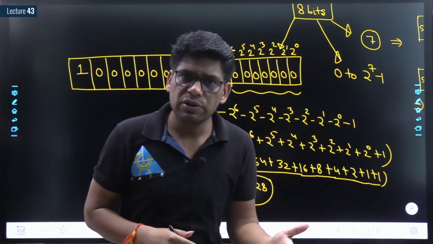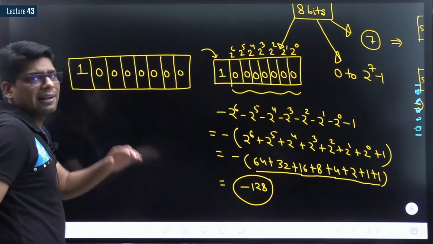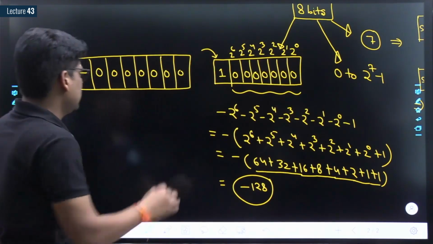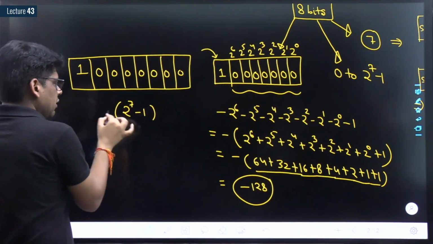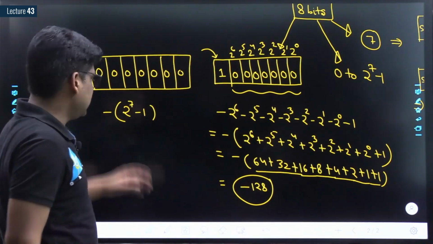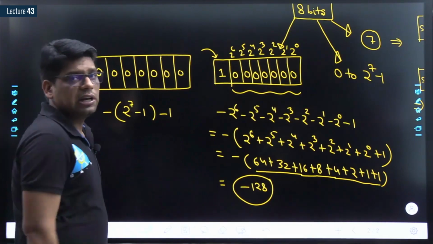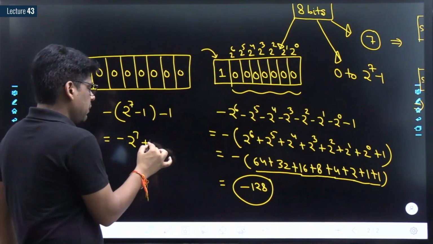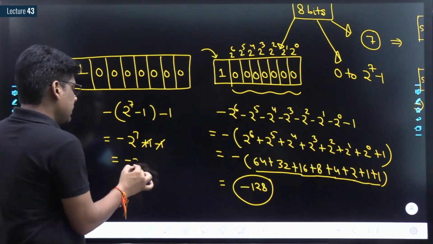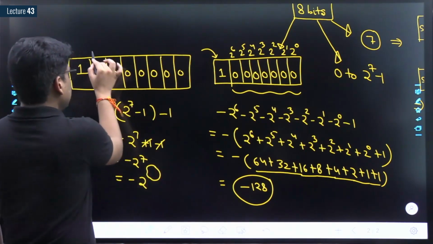But here we have contiguous 0s, so we focus on 0. The value is 2 to the power 7 minus 1, but since we are working with a negative number, the value is negative, and we always put an extra minus 1 in the direct method. So what is the answer? Minus of 2 to the power 7 minus 1 plus 1. That means minus of 2 to the power 7. Or can I say minus of 2 to the power the number of bits?